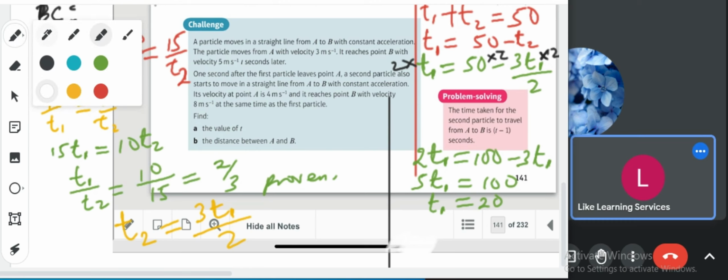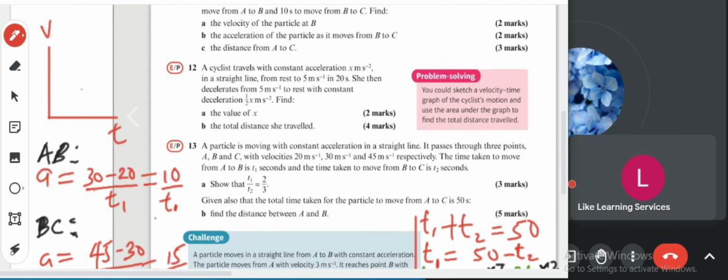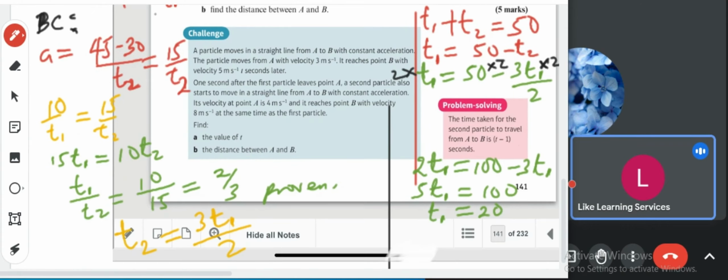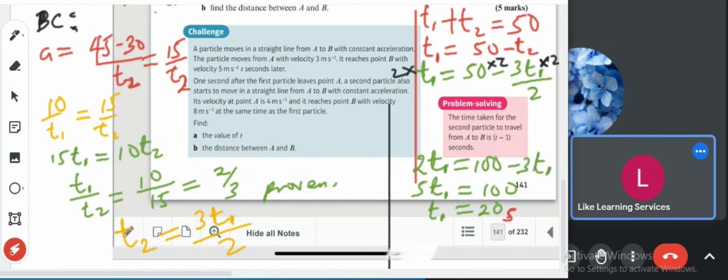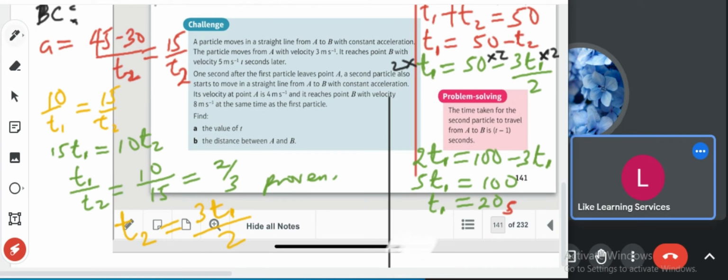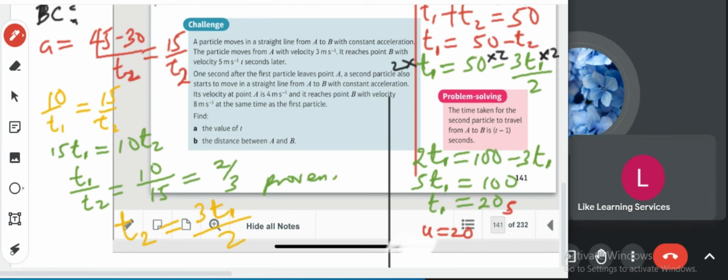We've found the time, which is 20 seconds. And we're given initial and final velocities. For A to B, initial velocity U is 20, final is 30, okay?